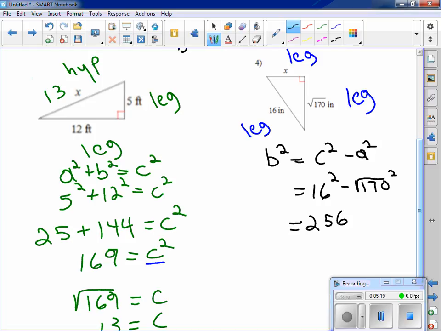Now the interesting piece seems like it might be a little bit difficult. However, we know from our previous slide in 6A that if we have two things multiplied under the radical and they are the same thing, then the answer is just what's under there. So we can just say the square root of 170 squared is 170. We subtract those two, and we get 86.